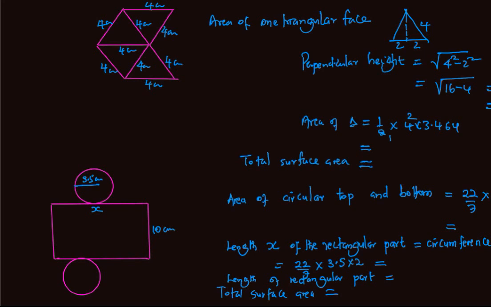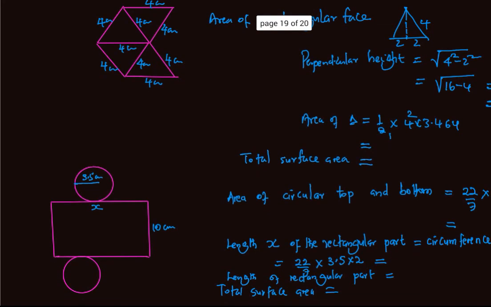So we have an equilateral triangle, and this is the perpendicular height h. From Pythagoras theorem, the perpendicular height h will be given by the square root of the hypotenuse squared minus the base squared, which is the square root of 4 squared minus 2 squared.